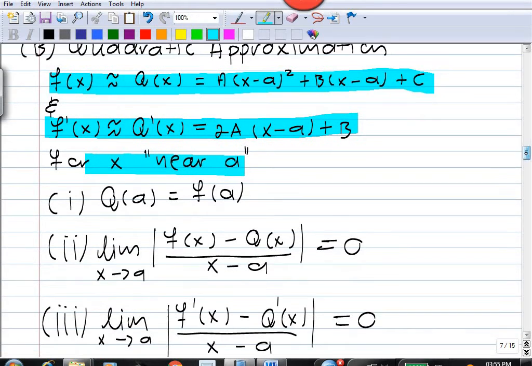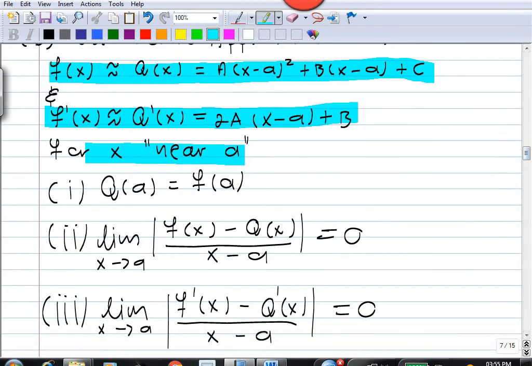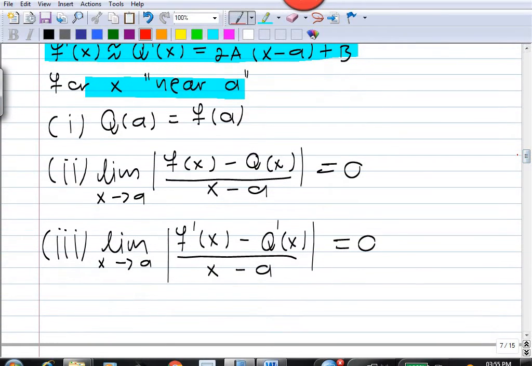Now, what requirements should be put on this quadratic in order for this to be a sensible exercise? Well, again, q of a equals f of a. So that means at x equals a, the approximation is exact.